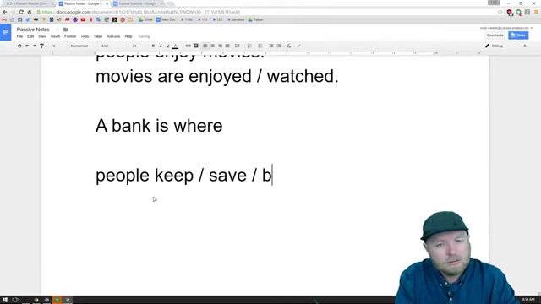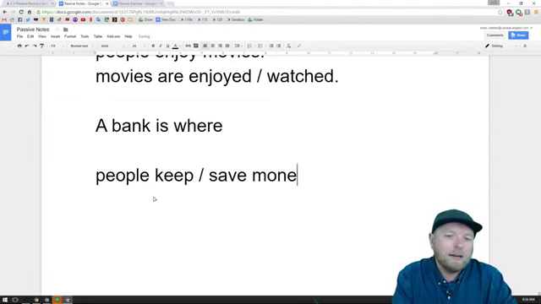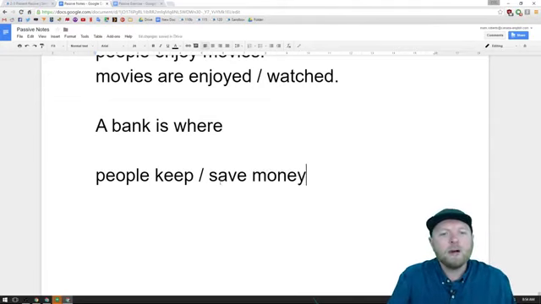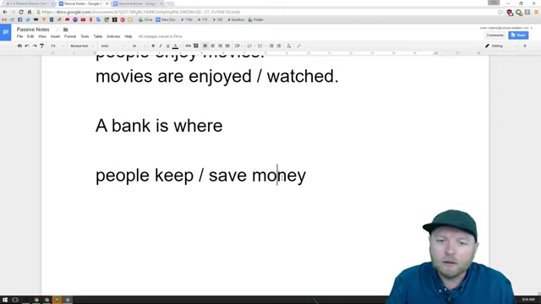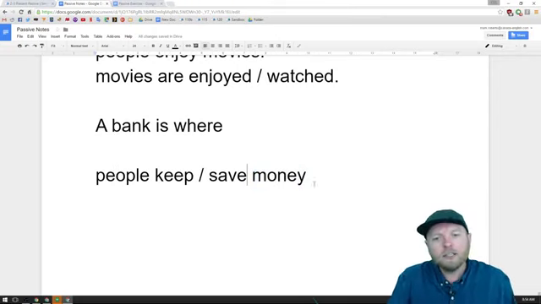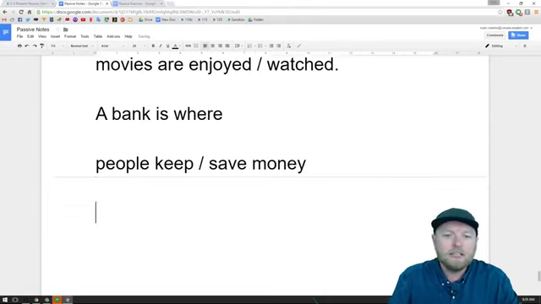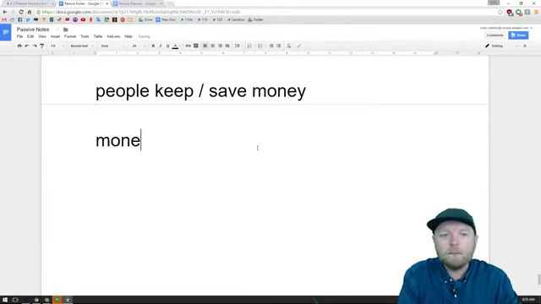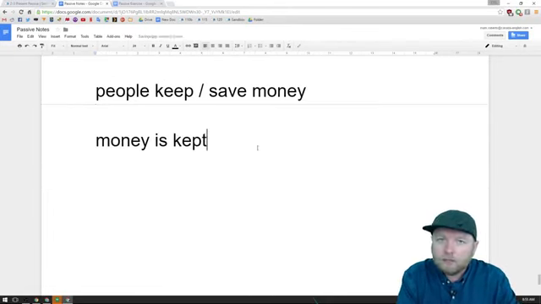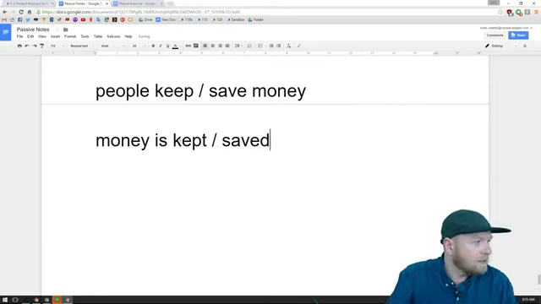Or let's not use borrow. Money. Okay. A bank is where people keep or save money. What is the doer? People, right? What is the receiver? Money. If we want to start a sentence with the receiver, we use passive. Money is kept, or money is saved.